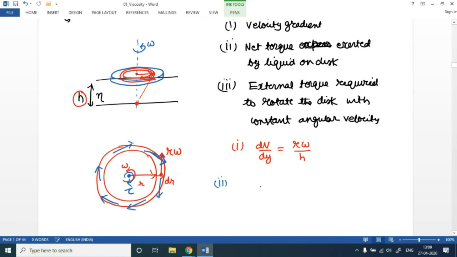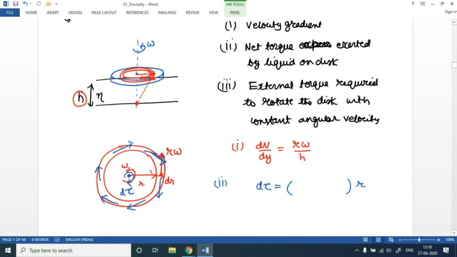So first of all, let's try to find out this small torque d tau that will be on this elemental area. So this d tau is going to be equal to the magnitude of force into its r, which is nothing but r.